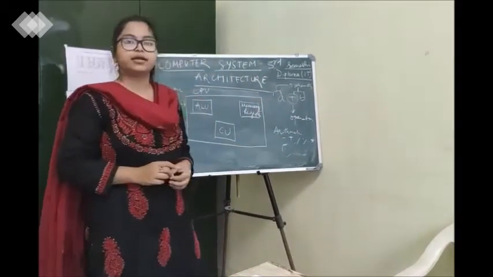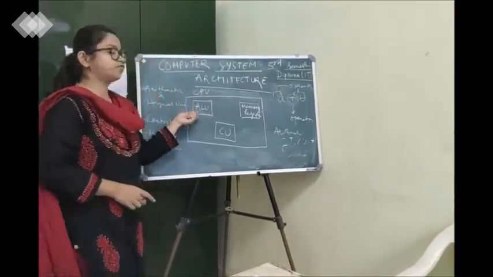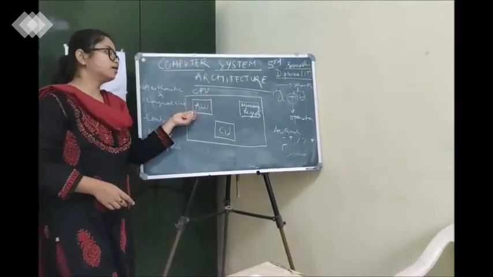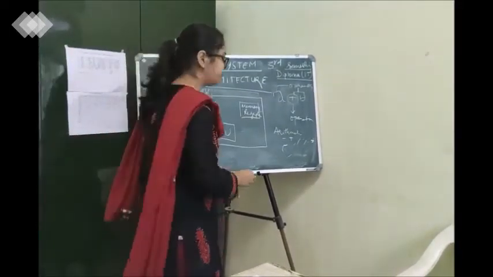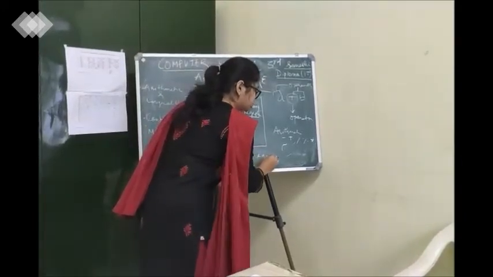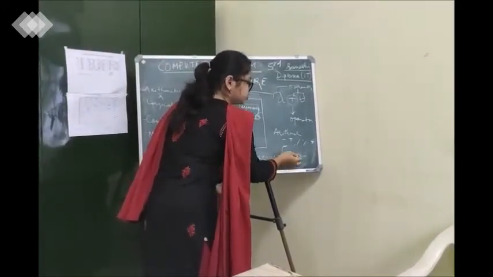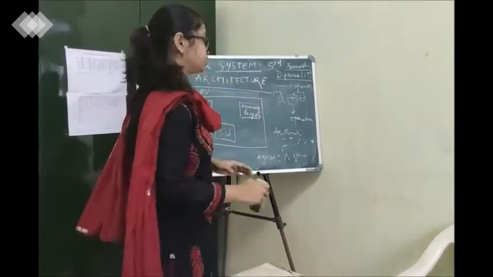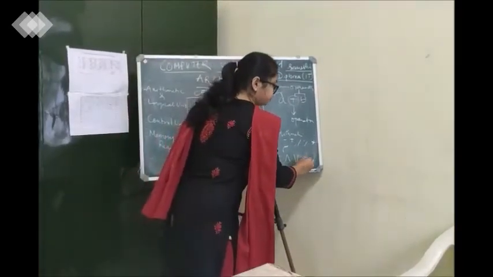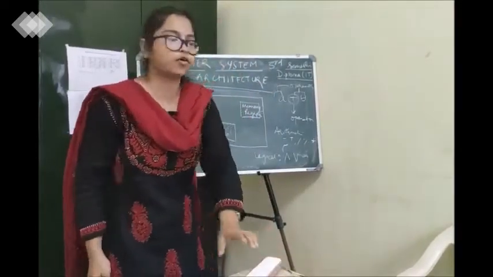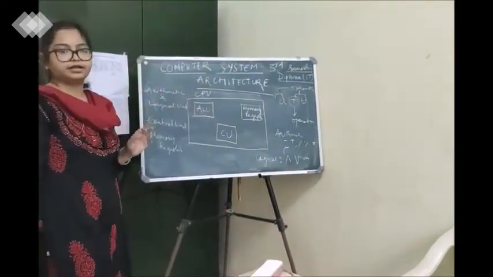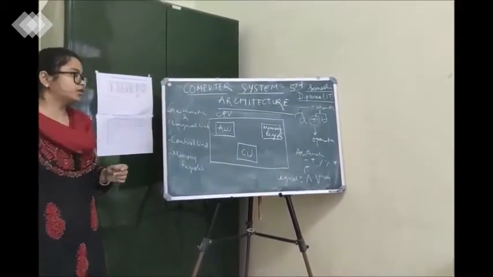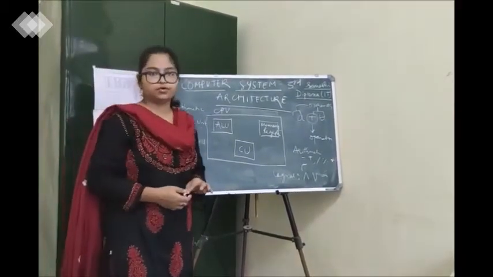All of these are called arithmetic operations. These are performed by the ALU. Now, in addition to arithmetic, it also performs logical operations. What are logical operations? Like logical AND, OR, NOT. These are also performed by the arithmetic and logical unit, ALU.